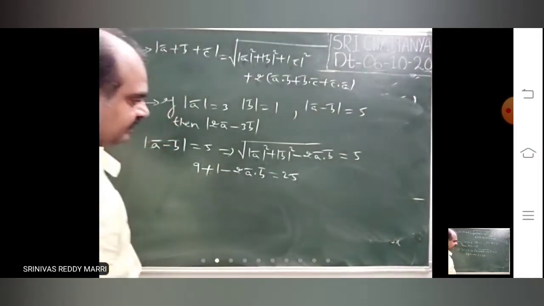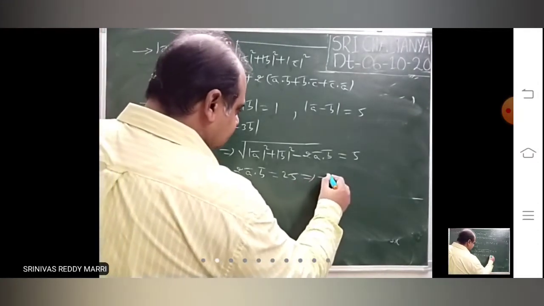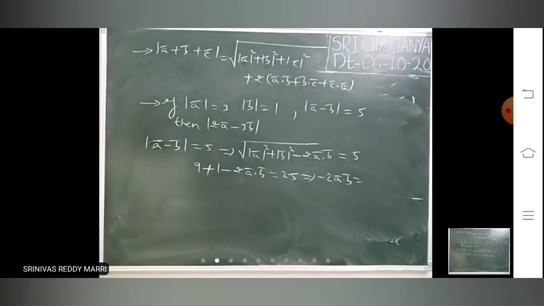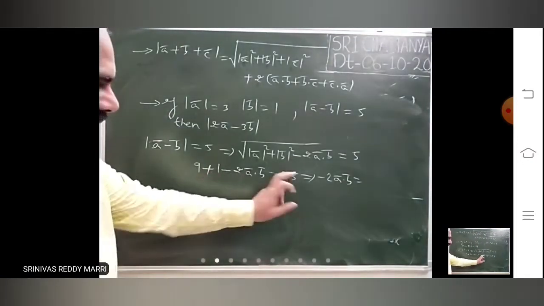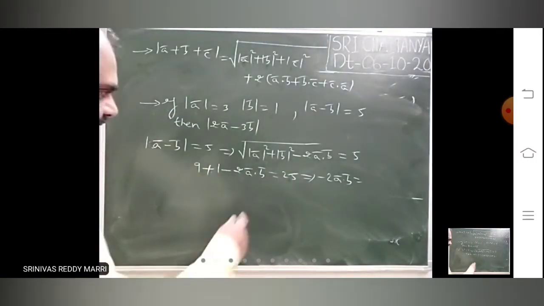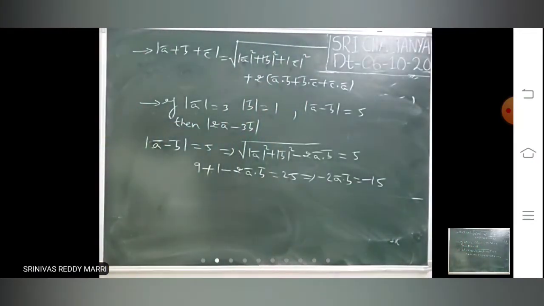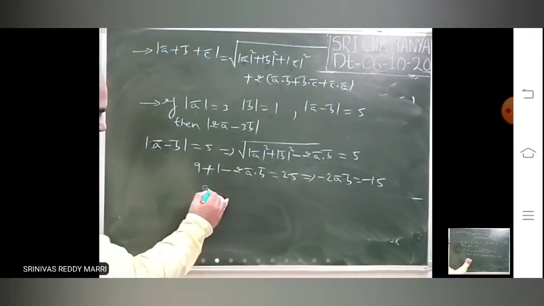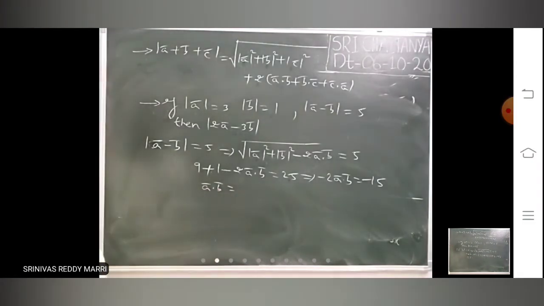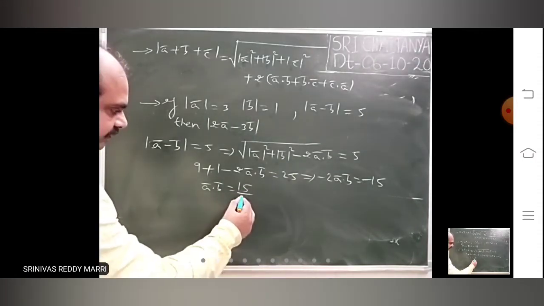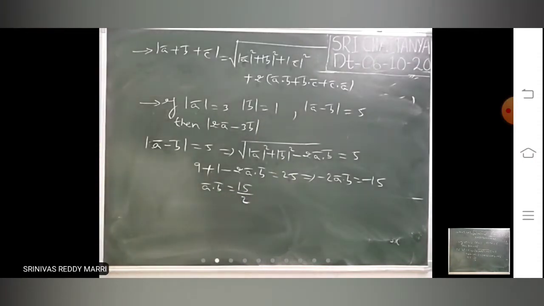Squared, 25. So 10 that side means you will get minus 15. So a bar dot b bar is nothing but 15 by 2.